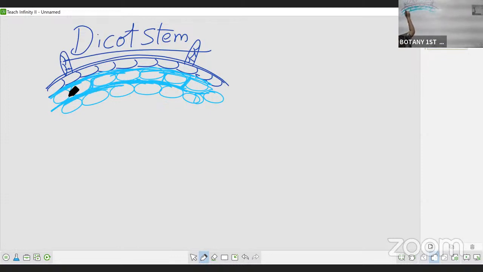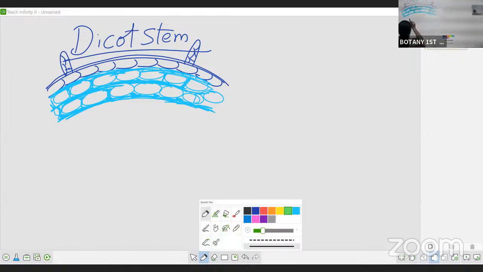Like this, the hypodermis is present. Collenchymatous hypodermis, and below the hypodermis is the general cortex.